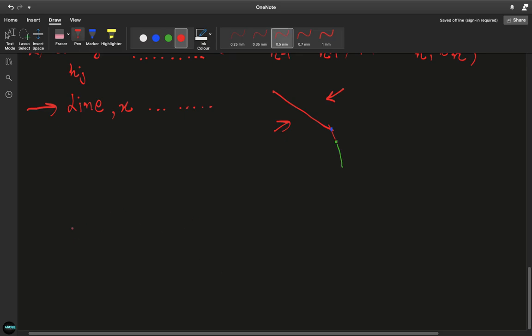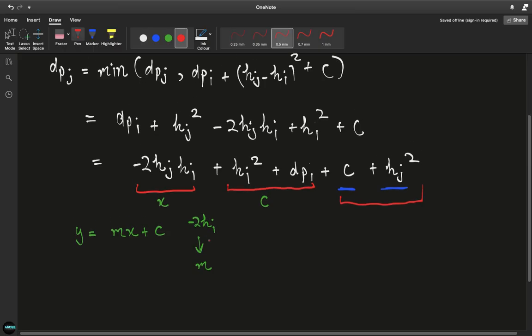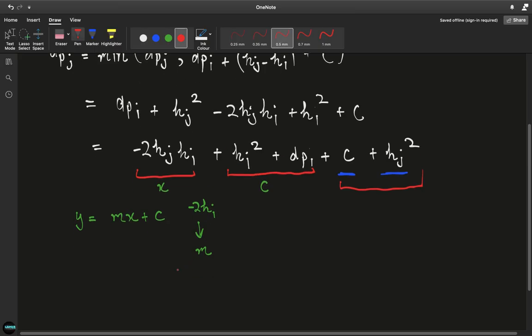When we want to query, we give it our x value. Let me just go back to the slide. Okay, so query and adding a line. Let's first look at adding a line. When we need to add a line, we need to give its y-intercept and its slope.